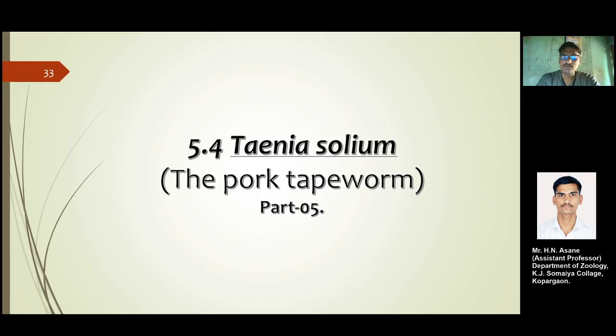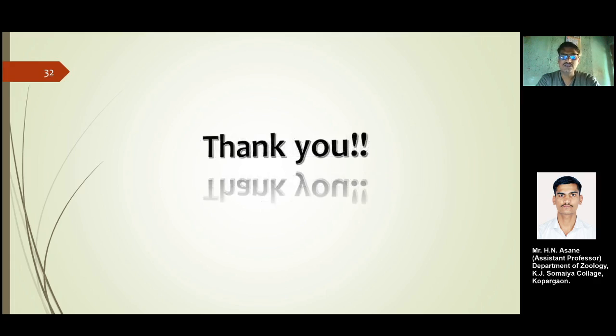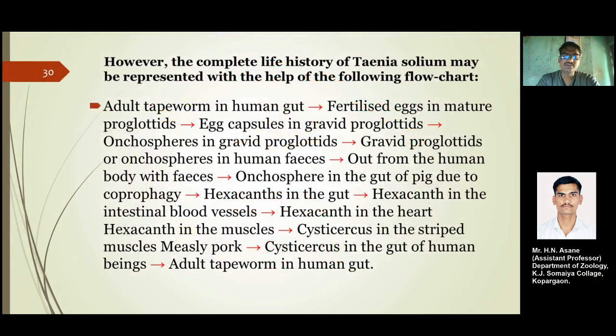Okay, and in the last session we have seen the life cycle of Taenia solium, that you will be able to remember by this flow chart. So the adult tapeworm in the human gut, then the second step will be the fertilized egg in the mature proglottids, then the egg capsules in the gravid proglottids, and then the oncospheres in the gravid proglottid.